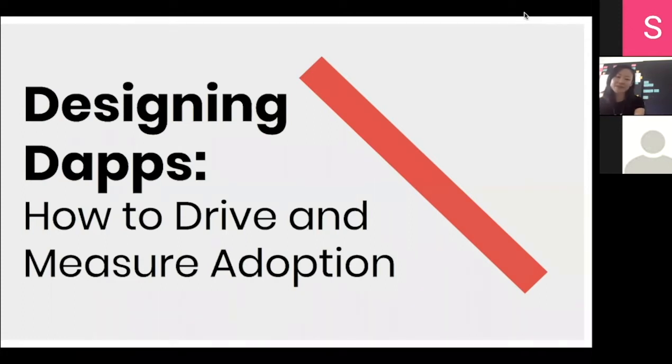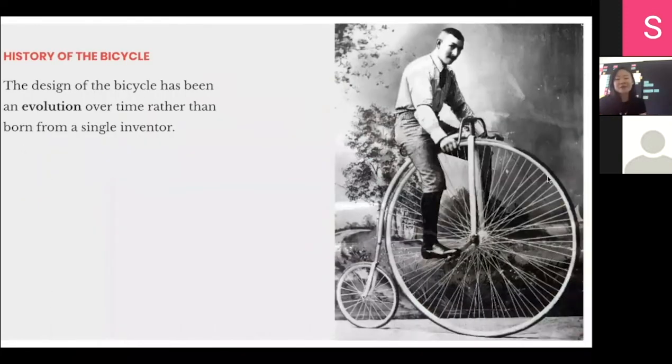So right before we begin, talking about driving and measuring adoption, I wanted to bring in another technology that was emerging about 200 years ago, which was the bicycle. I went down a bit of a rabbit hole a couple of months ago, understanding the history of the evolution of the bicycle.